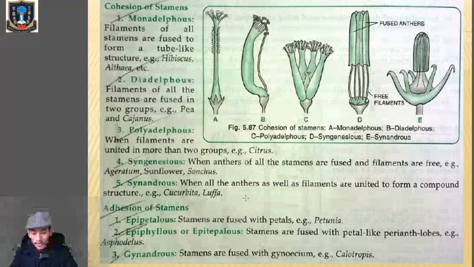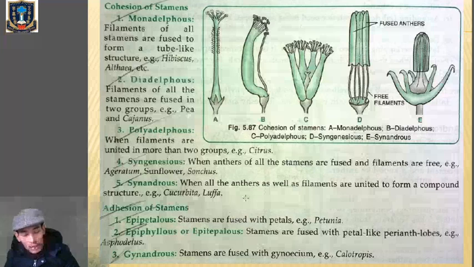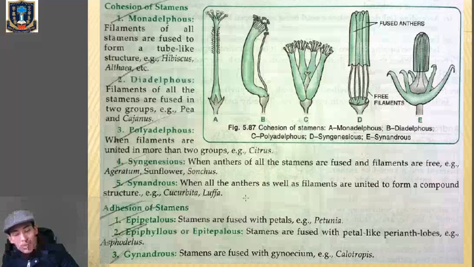Now let's talk about the adhesion of stamens. Okay, so first we have epipetalous. Epipetalous means where the stamens are fused with the petals, as found in the flower called petunia. Then epiphyllous, where the stamens are fused with petal-like perianth lobes. Perianth means when we cannot distinguish between the sepals and the petals.